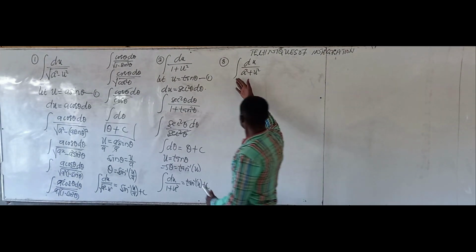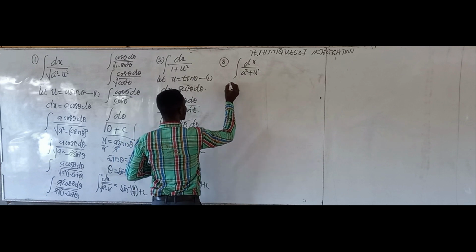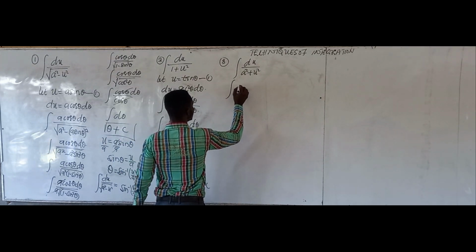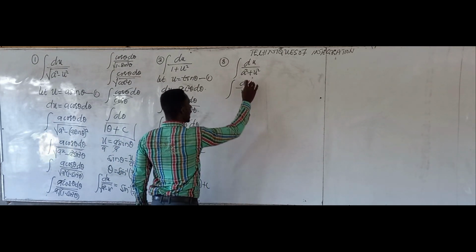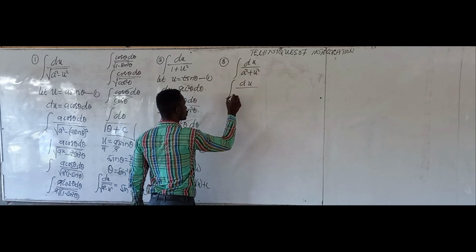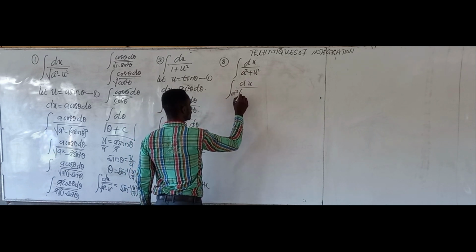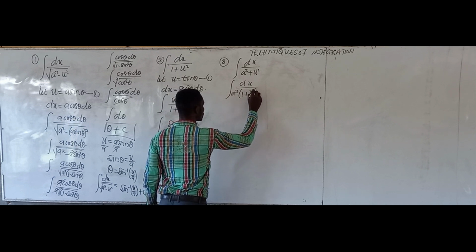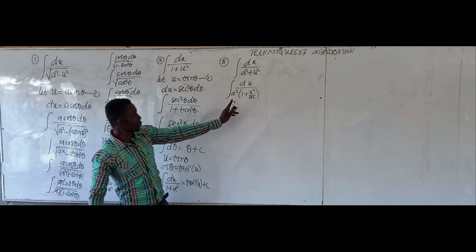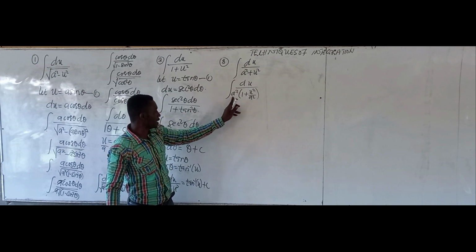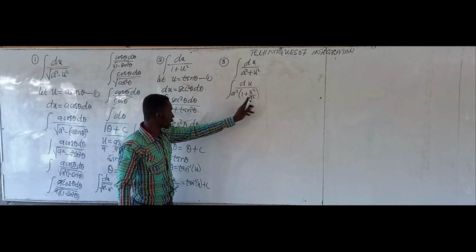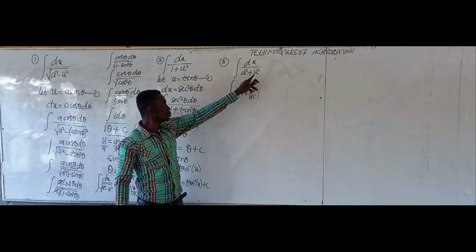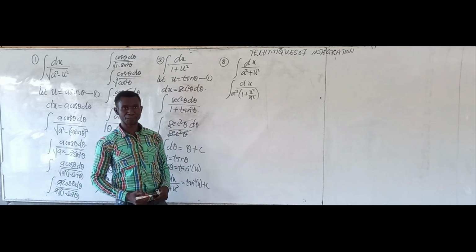Quickly. This one, I can write as the integral of du over, I'll factorize a squared out, so I get 1 plus u squared over a squared. When you multiply a squared by u squared over a squared, the a squared will cancel the a squared. You still have u squared, so I've not changed anything.